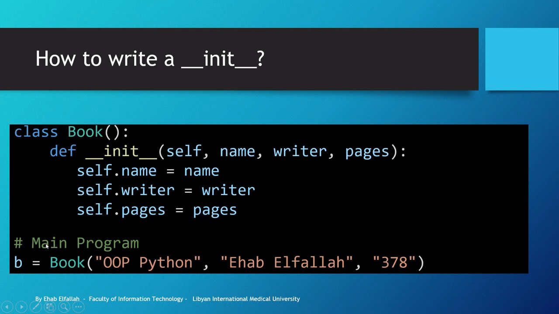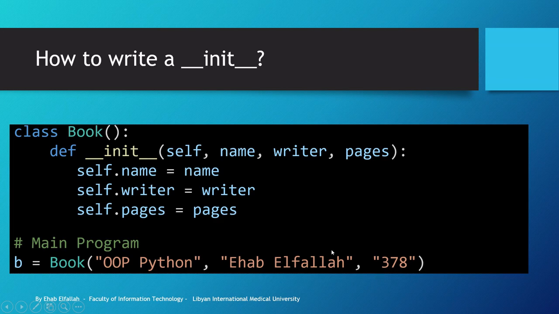In the main program, in the step where we create an object, here we create an object called b equal to Book, and inside the parentheses we pass the three attributes that are required: the name, writer, and pages, because self is passed automatically through the object. So self is b, the name is OOP Python, the writer is Ihab al-Fallah, and the pages is 378.